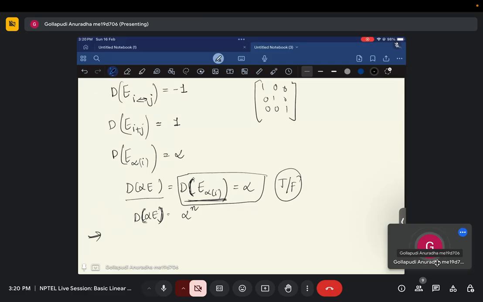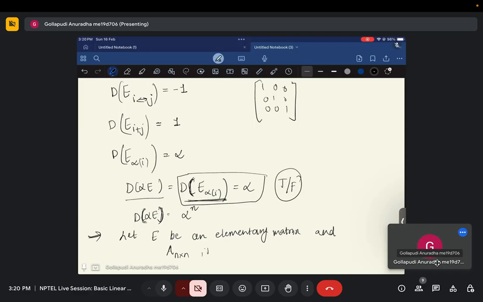Okay. Now let E be an elementary matrix, and A is an n by n matrix.